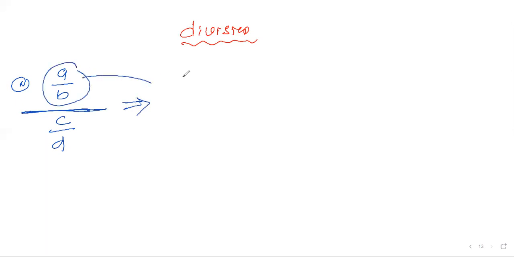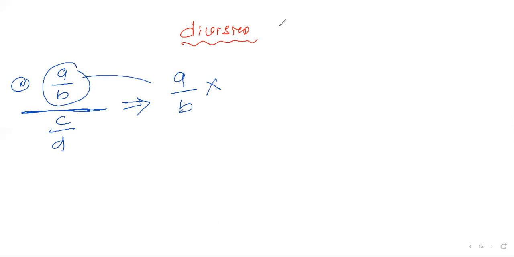So this is very important. Please concentrate now. First case, and writing the example, please copy. One fraction is a by b. You are dividing by the fraction c by d. A by b, one fraction we are dividing with c by d. So what you have to do here: copy the numerator as it is.